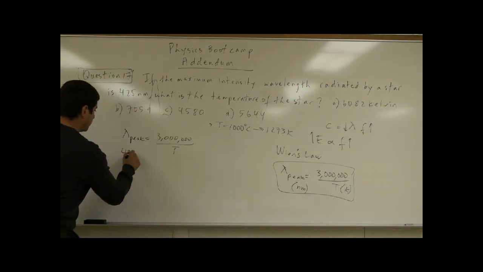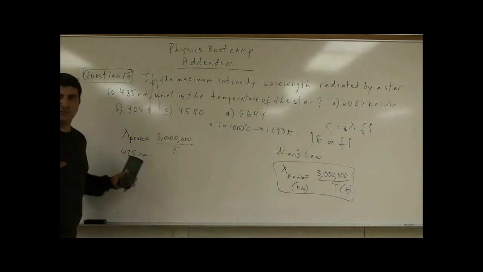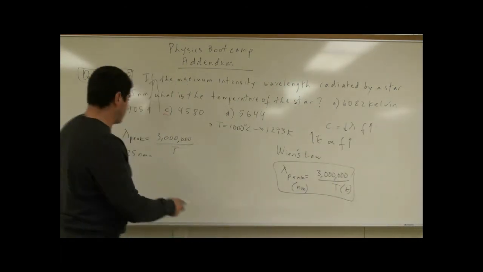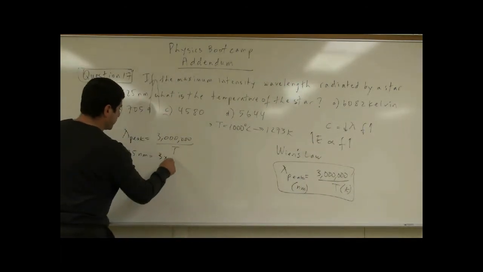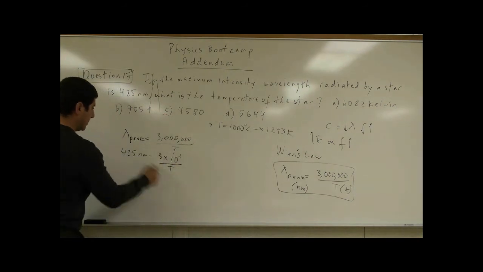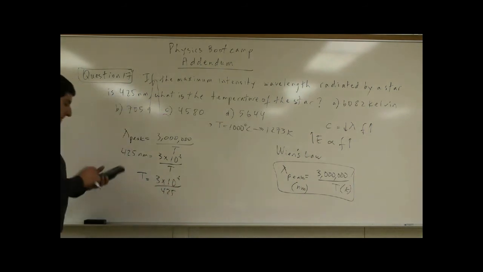So if we can put this in now, here's 425 nanometers. I don't have to do anything with that. I can keep it in nanometers because this equation is already expressed in nanometers. And that's equal to 3 times 10 to the 6th over T, which is the same as 3 million. And then T will equal 3 times 10 to the 6th divided by 425.